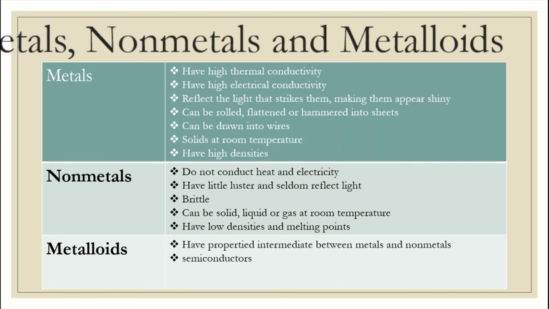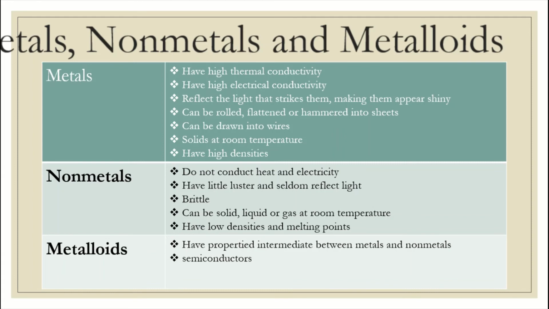Non-metals, on the other hand, do not conduct heat and electricity, just like rubber, right? Rubber is a material that does not conduct electricity and heat. That's why ginagamit natin siya sa mga sandok or sa mga kasirola sa bahay. Di ba yung sa handle niya, ang ginagamit madalasan is rubber. Because rubber does not conduct heat and electricity.